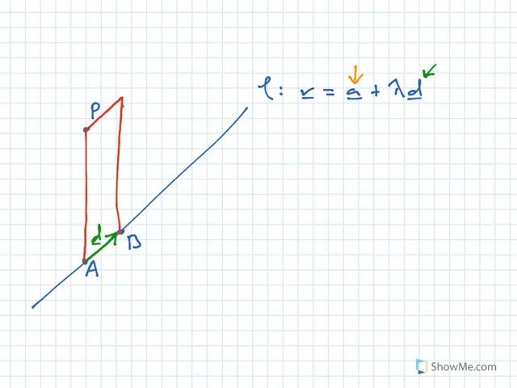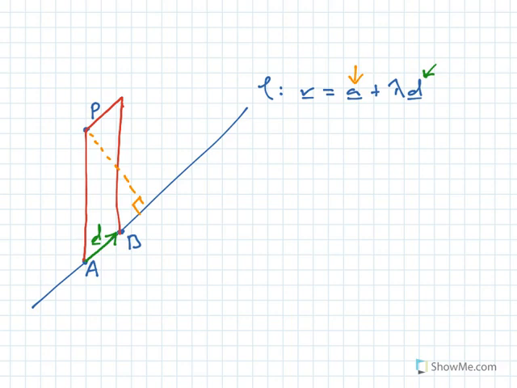The height of our parallelogram is going to be at a right angle to the line, and we could assume it passes through P, but it doesn't really matter. As long as it's the height of the parallelogram, it will be the shortest distance between P and the line. It will also be the shortest distance between the line and an infinite number of other points, but it definitely will be the shortest distance from the line to P.